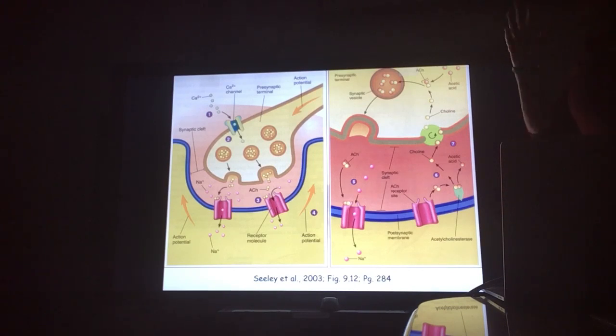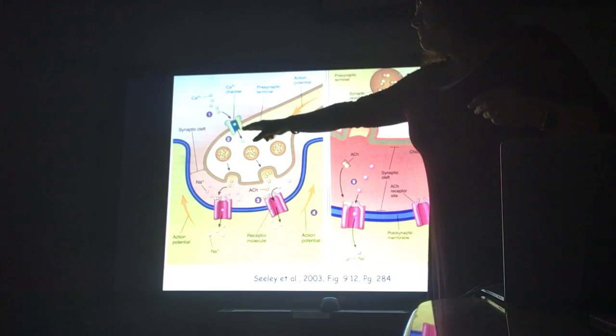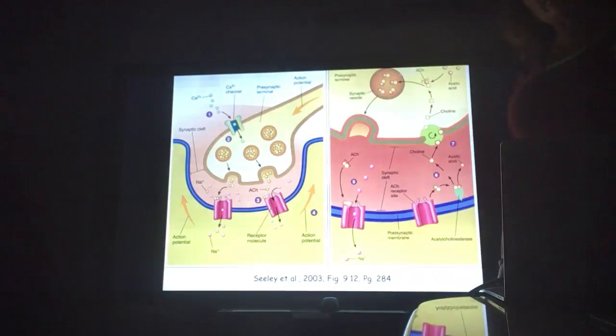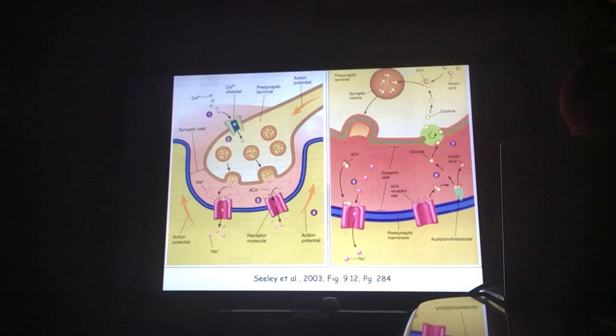So this process, with an action potential coming down, let's just review this, causes calcium to flux in across the axon ending into the cytoplasm of the axon ending. That stimulates the synaptic vesicles to release acetylcholine into the synaptic cleft.